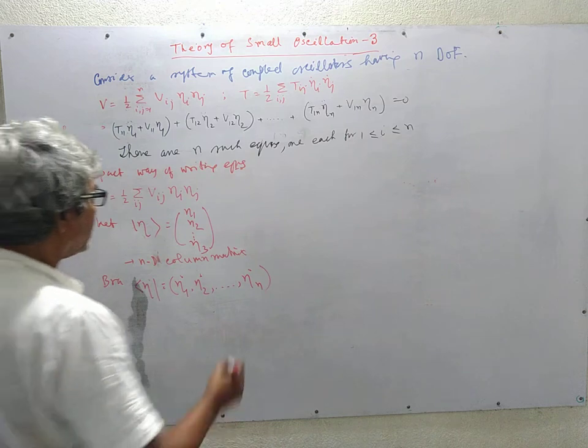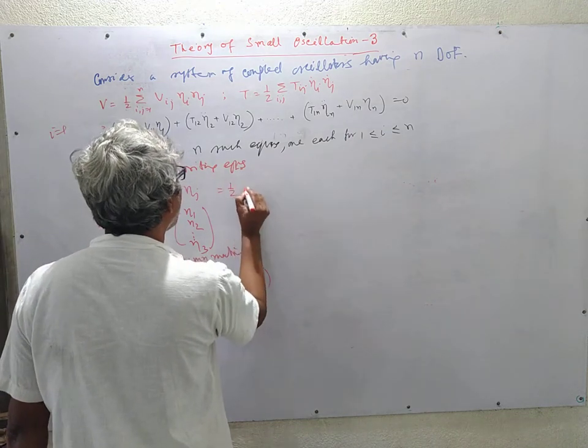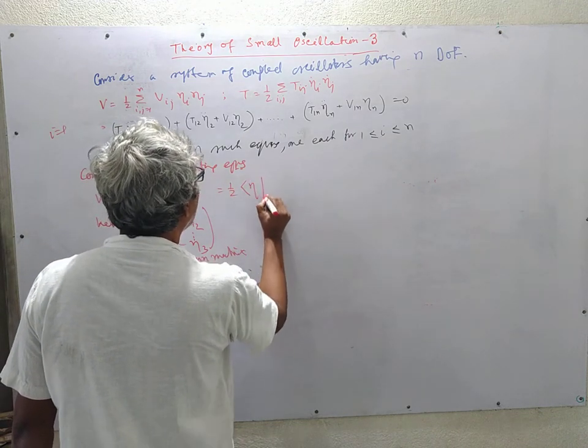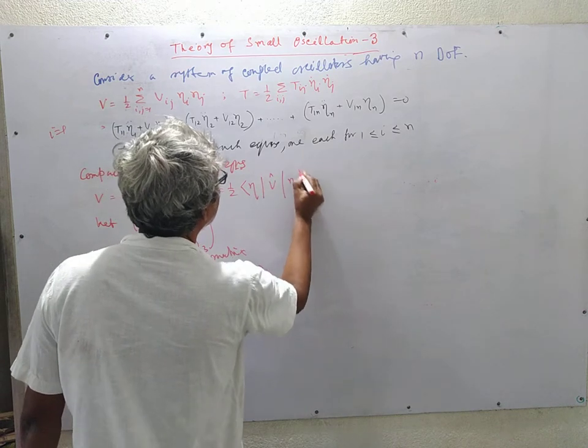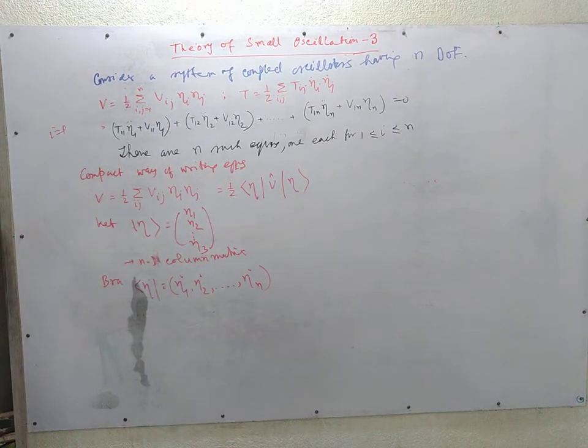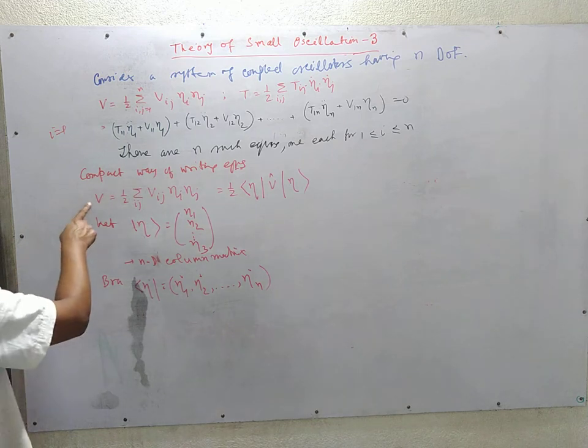So in this notation, we can write it as half bra η V ket η. This is the compact way of writing the potential energy V.